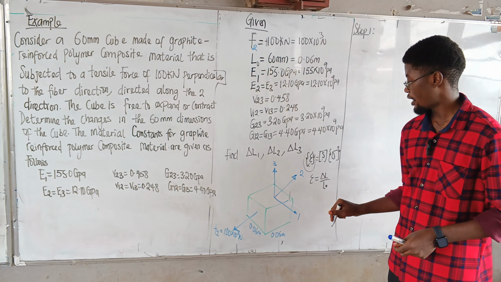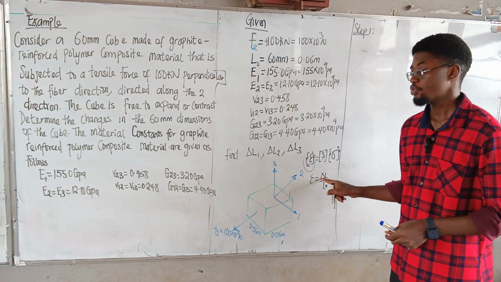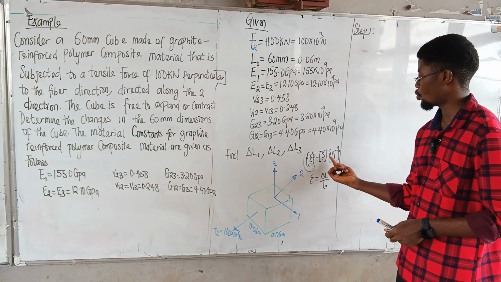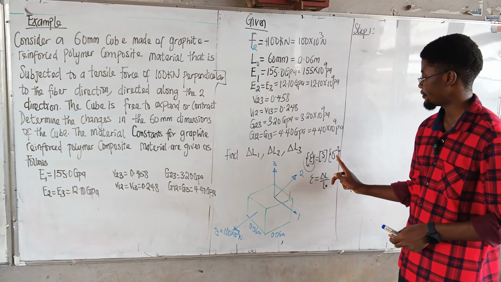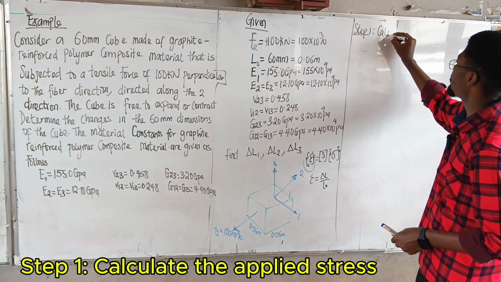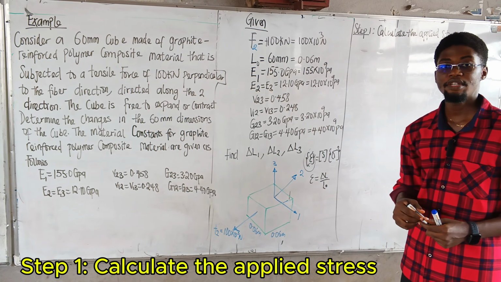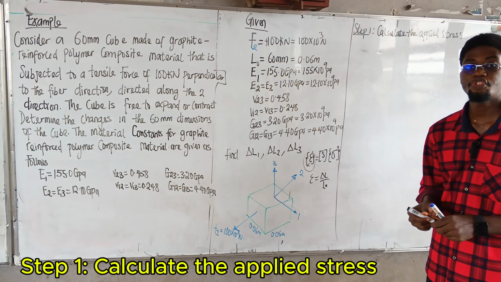After getting it, what do I do? I now make change in L the subject of the formula. So that's what we are going to do. We'll work it backwards. So for me to know this times this, let's first get the stress. So our step 1 is to calculate the applied stress. Where is our stress being applied? In direction 2. Okay, so what's the formula for stress?